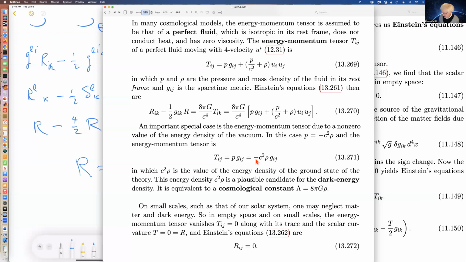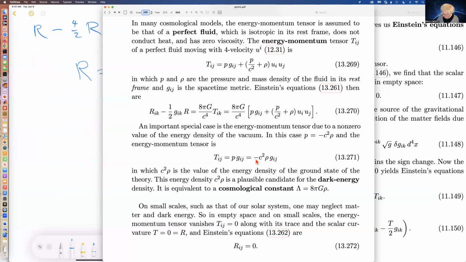What I should have written down here is that pressure, and I'm just going to write it with a squiggle here. It's the partial of the energy density with respect to volume, essentially, and it's with a minus sign.